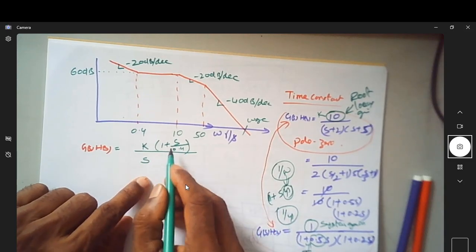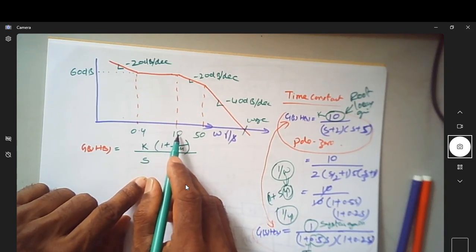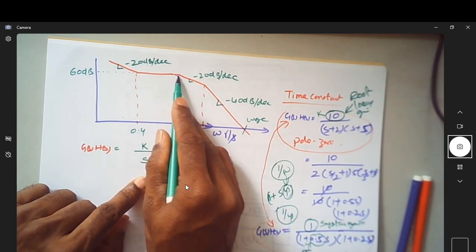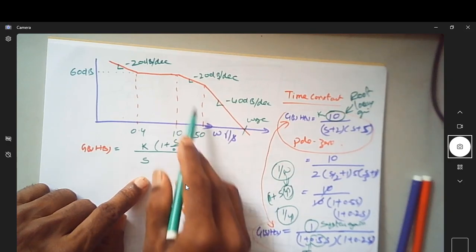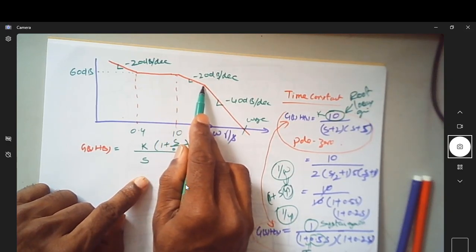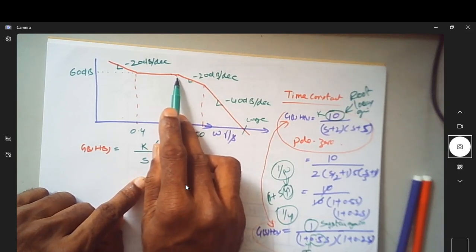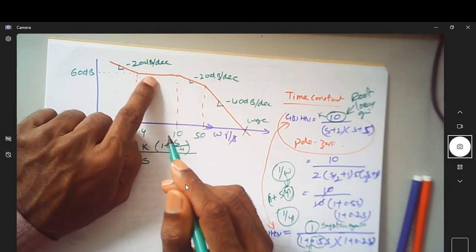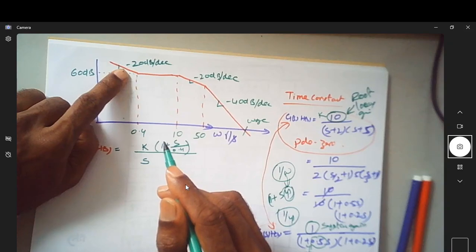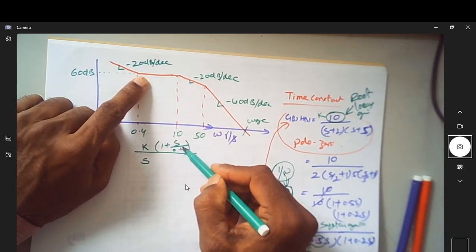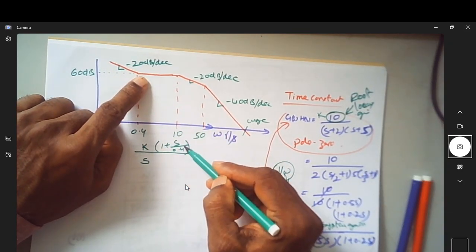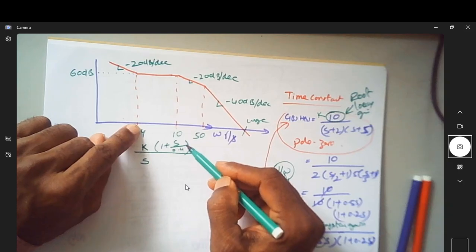So if you see here, at a frequency of 10 radian per second, the slope becomes minus 20 dB per decade, meaning that there is a pole, because the slope was initially 0. It is due to the addition of a 0 at 0.4 radian per second.